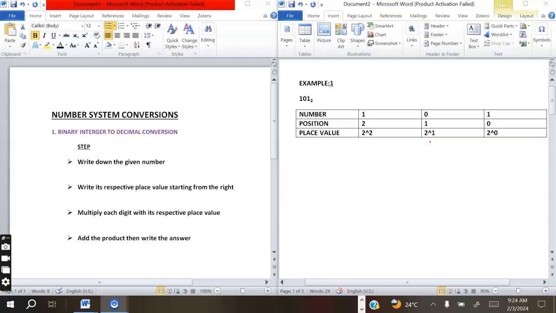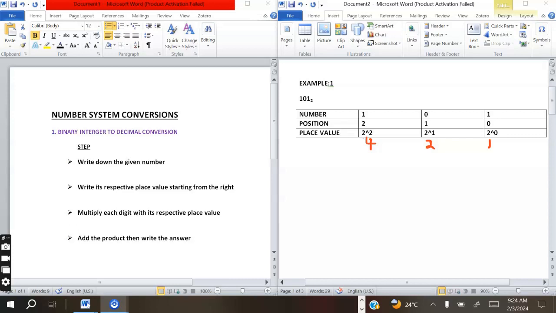Sorry, this one is supposed to be 4, while 2 raised to power 1 is 2, while 2 raised to power 0 is always 1. Remember the rule of indices: any number raised to power 0 is always 1.